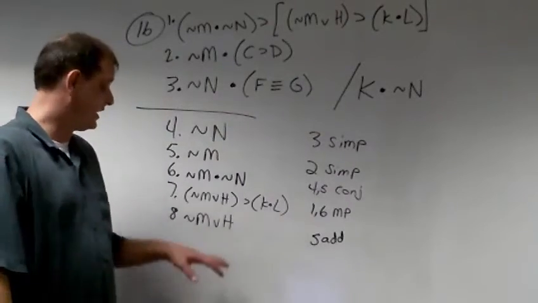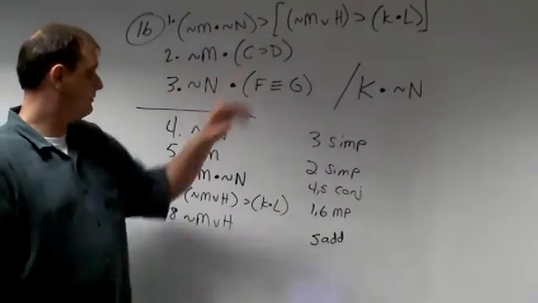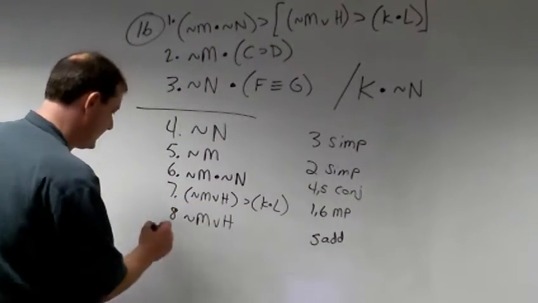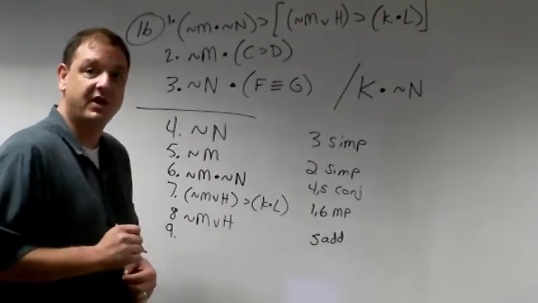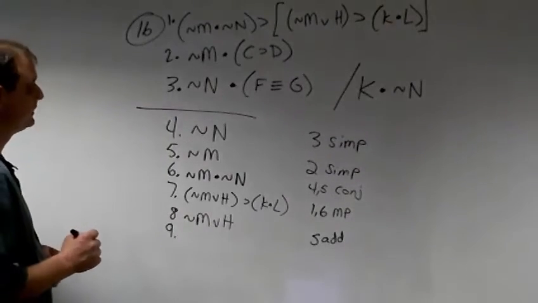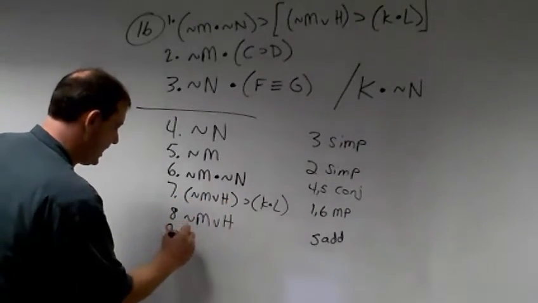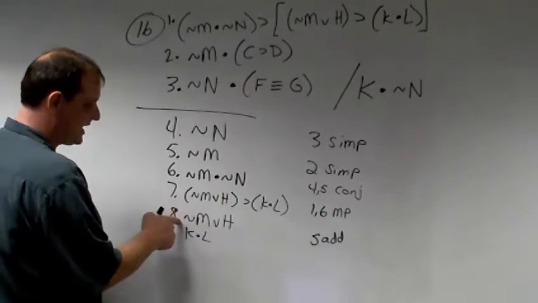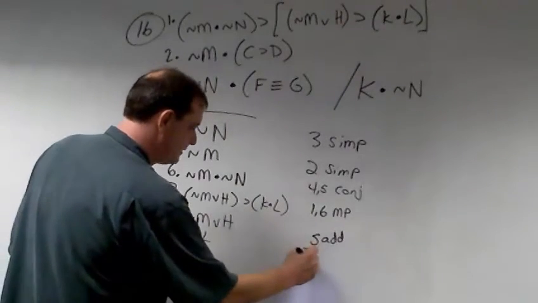But now we have the antecedent that we needed, so that we can derive this conclusion. We have to write small so I don't run off the screen here. All right, so K and L from lines 7 and 8, modus ponens.